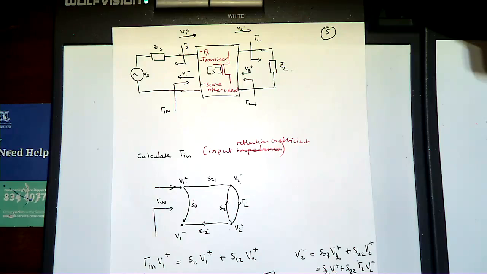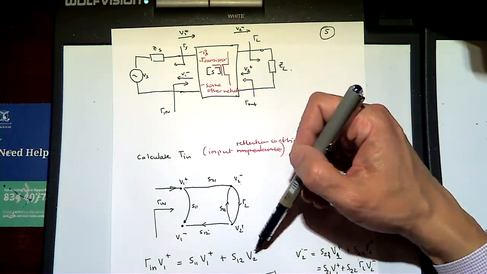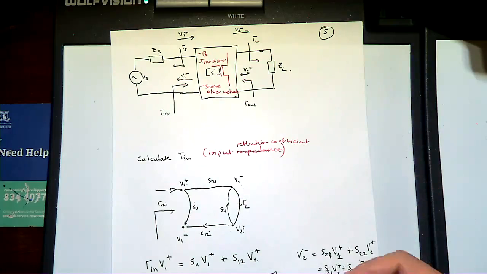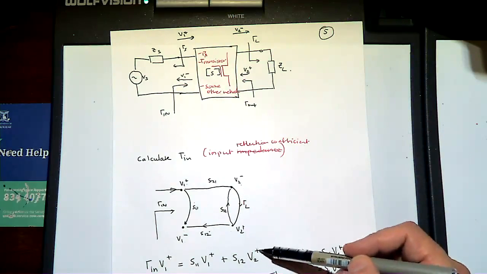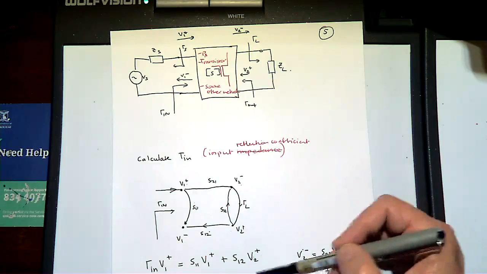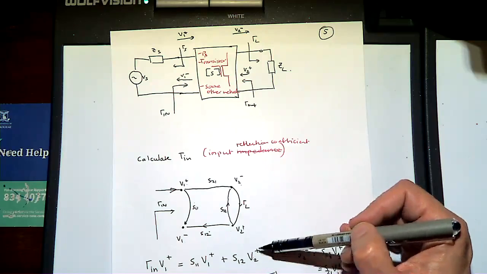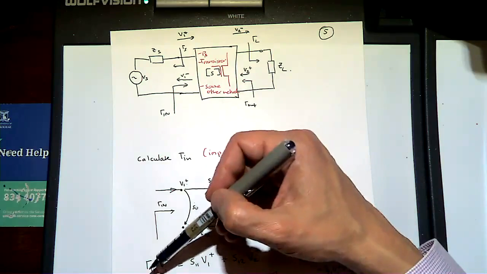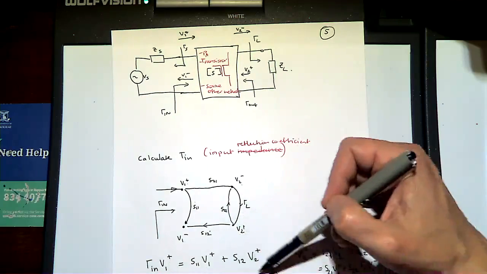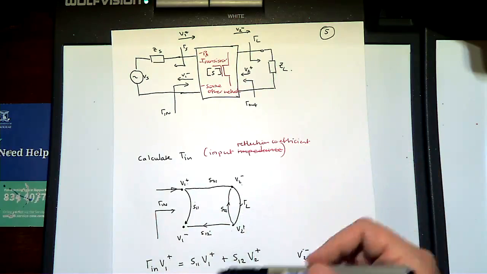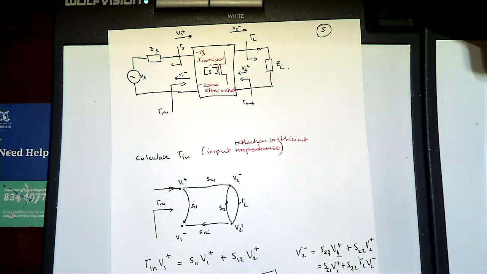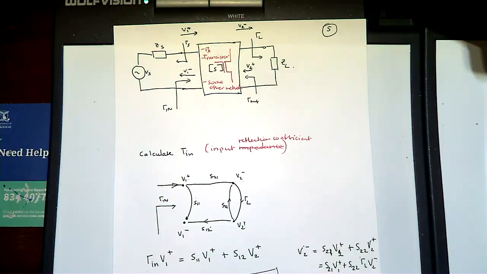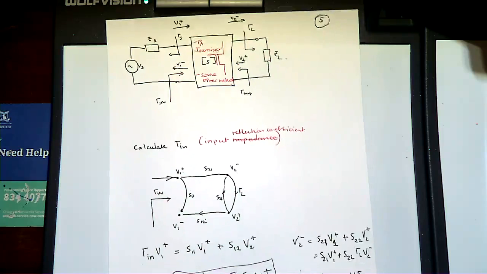Now we know that V2 plus is gamma L V2 minus, so we can replace that in order to have this in terms of V2 minus, and then we know what V2 minus is, so we can put all that into here. So we've now got gamma in V1 plus is this relationship of V1 plus. We divide through by V1 plus, so therefore we've got the input reflection coefficient is equal to this relationship.